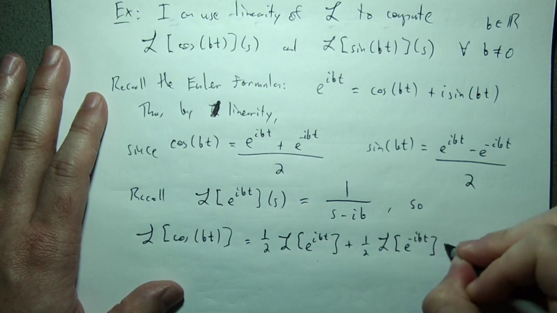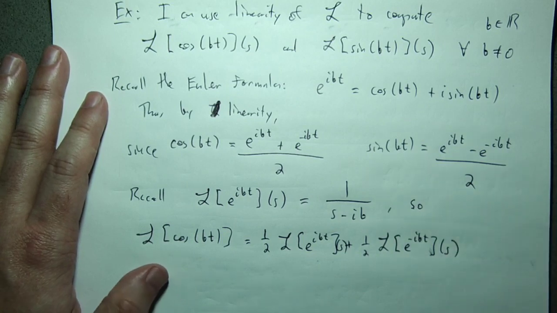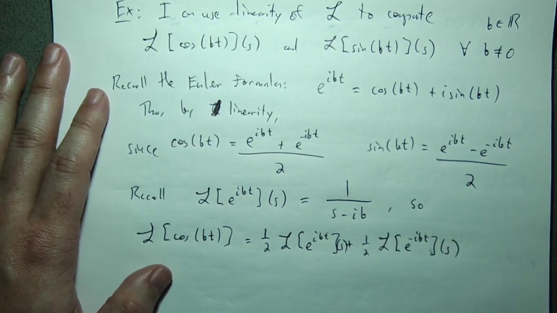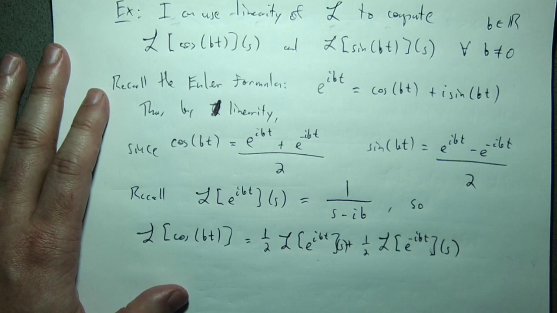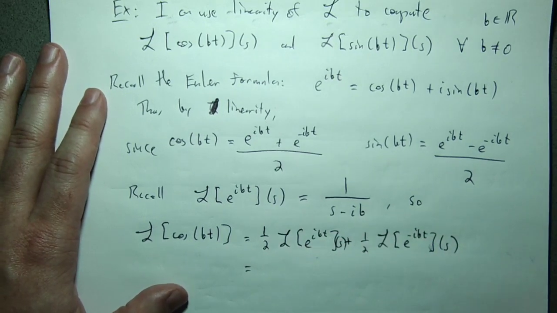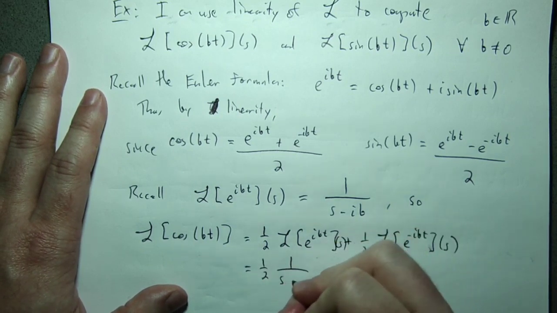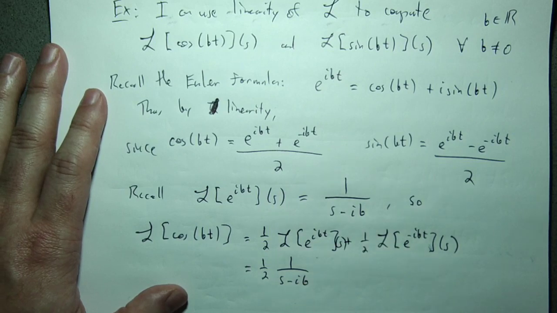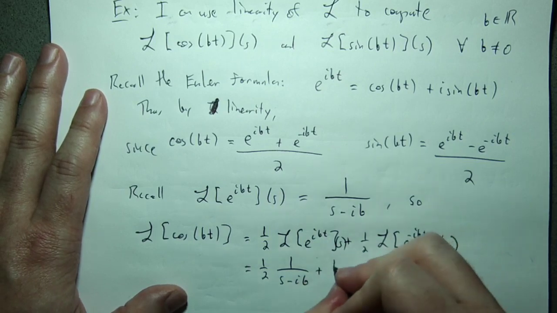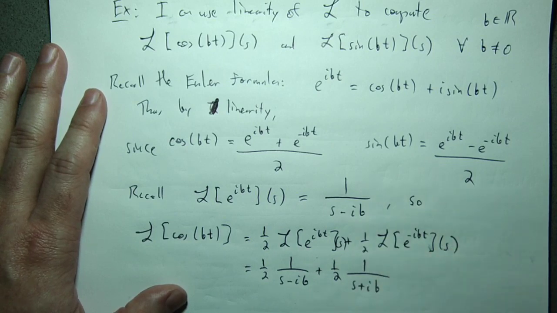Here I suppress the s. But I know what this is just by the above formula. This is 1/2 times 1 over s minus ib plus 1/2 times 1 over s plus ib.